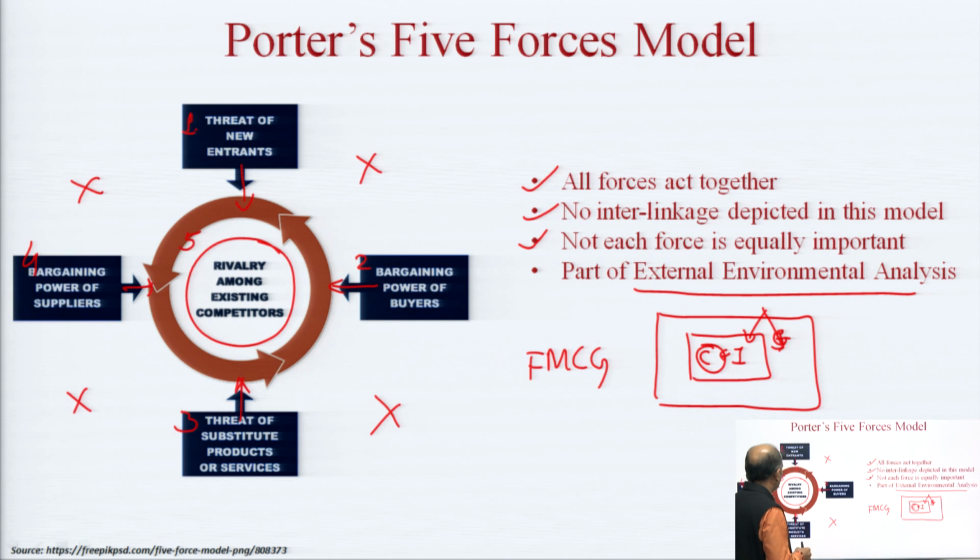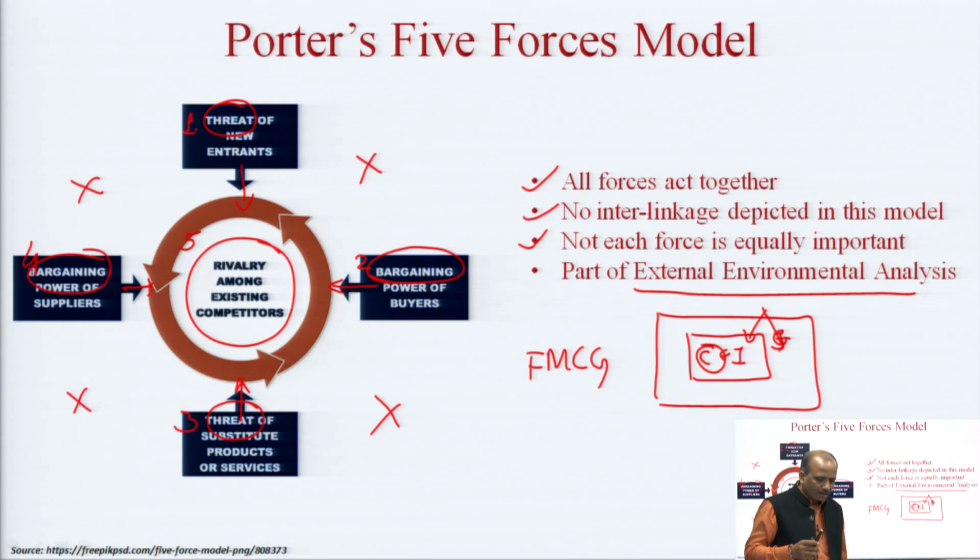One conclusion you can make here is that there are only two kinds of words mentioned. One is threat, the threat of new entrant and threat of substitute. The other is bargaining power, bargaining power of buyers and bargaining power of suppliers. This means that the attractiveness or competitiveness of the industry is a function of the threat perception regarding the entry of newcomers, the new potential competitors, and the threat perception towards the substitute.